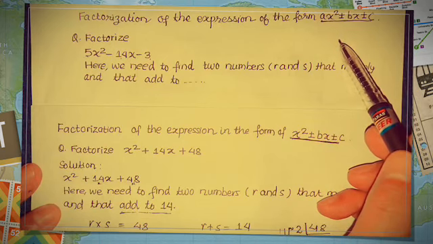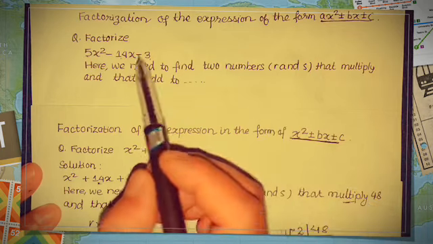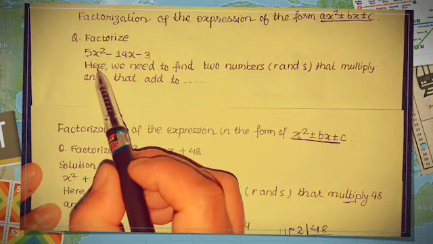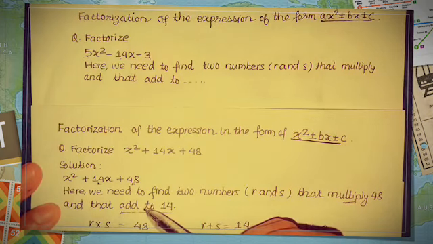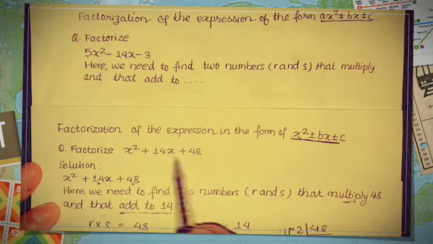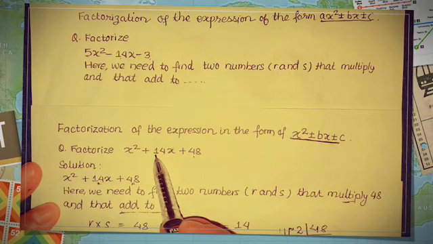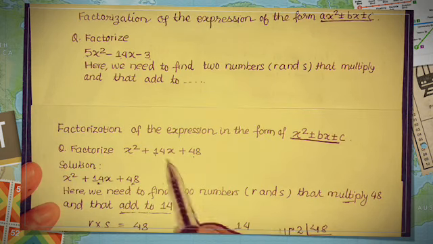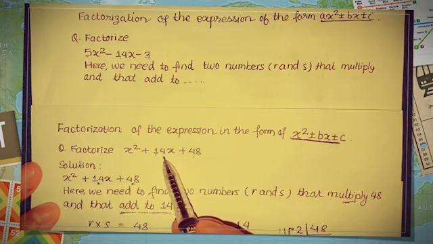Here also we have to make the conditions similar to the previous cases. To make the conditions, previously the constant term and the coefficient of the middle term were used, like 48 and 14.